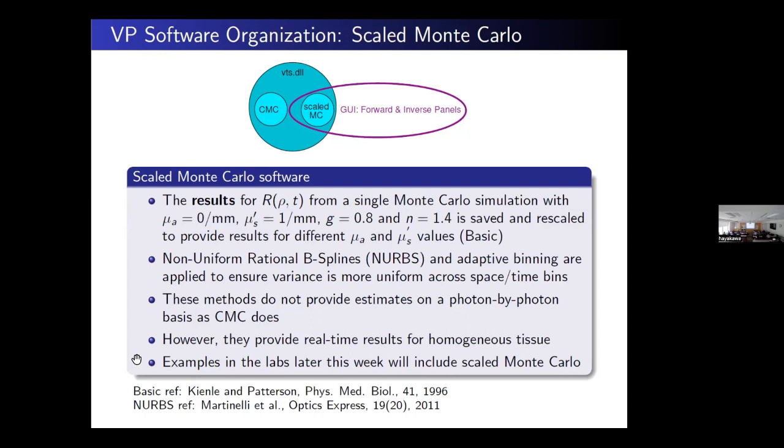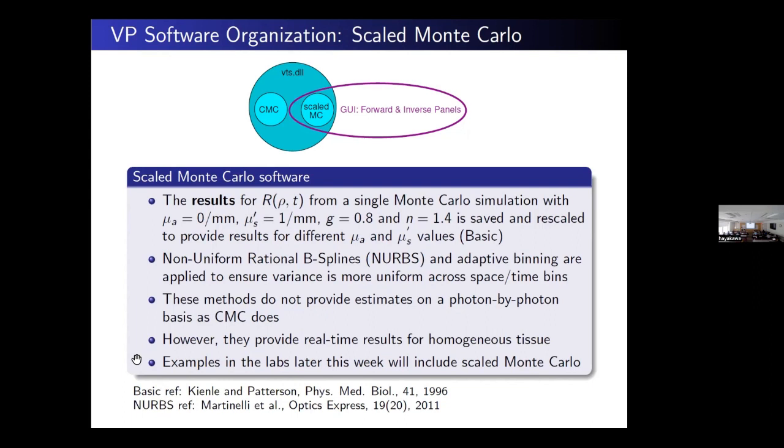I should add that Michele Martinelli coded up their method, and he found that for large times and detectors far from the source, the tallies were small. So he made adaptive bins, larger at large t and large rho. Then he added a non-uniform rational spline on top to smooth out the data.